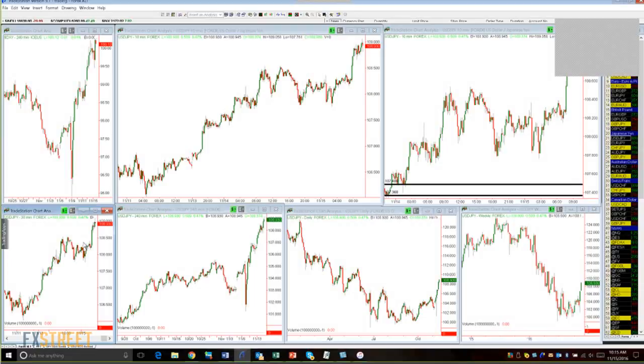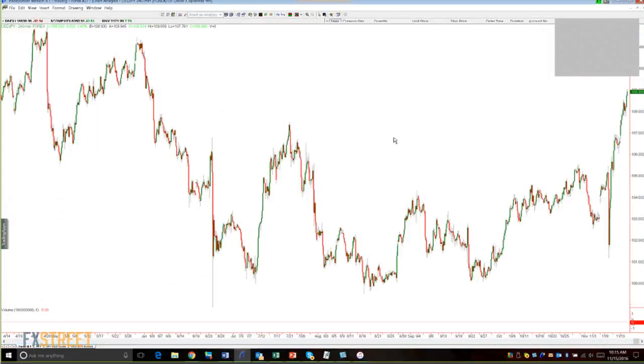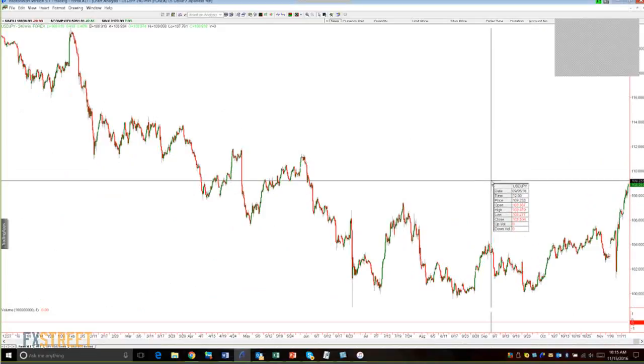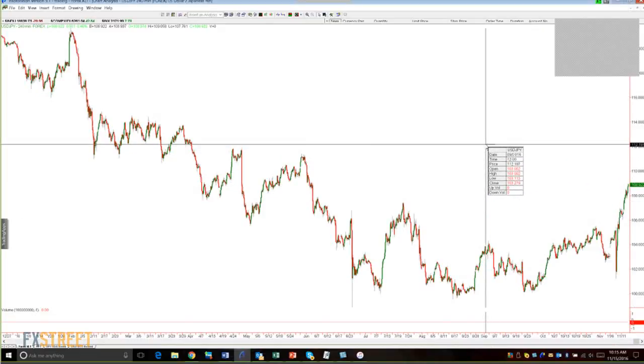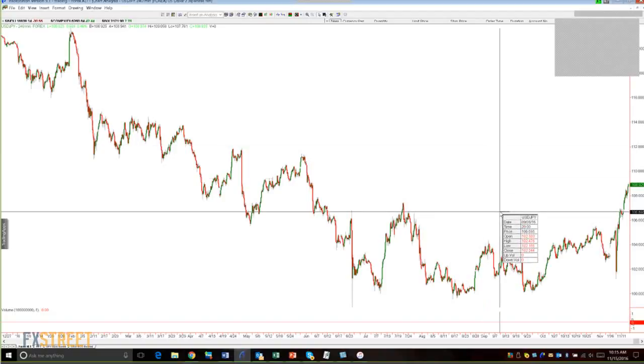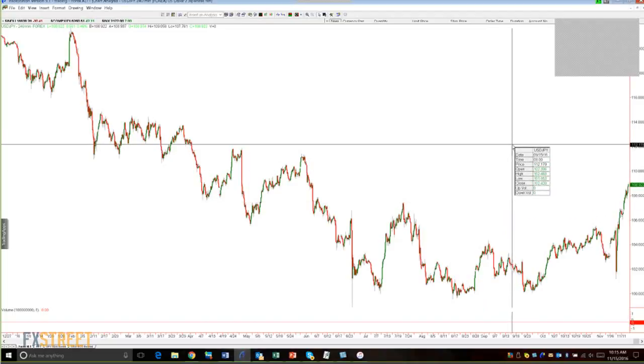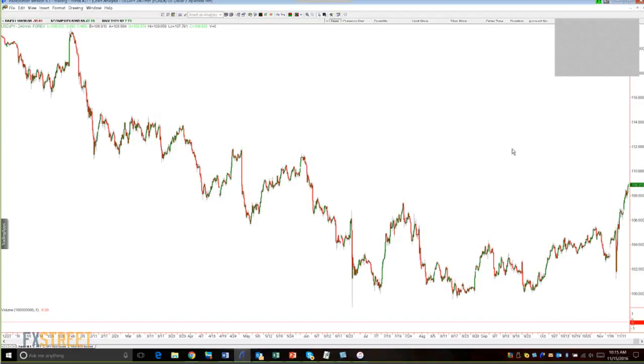In the bigger picture, again, let's pull up the 4-hour chart here and scrunch it. You do have some fresh demand zones. You're looking more at a range of 106.50 to just above 112.